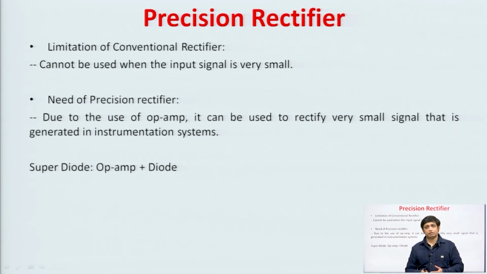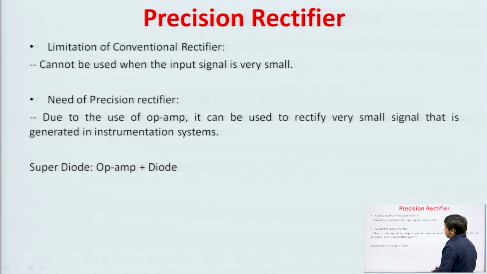It means that if the magnitude of the input signal is 0.7 volt or above, then the normal rectifier is fine, but if the magnitude of the input signal is in the range of 0.1 volt, 0.2 volt or even smaller, then the normal rectifier will fail. That is the main limitation of the conventional rectifier, that it cannot be used when the input signal is very small.